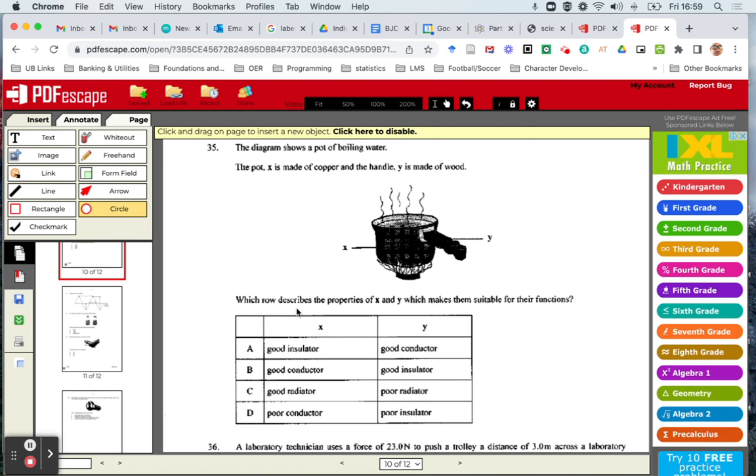We're going to look for something where the pot is a good conductor and the handle is a poor conductor. So X being a good conductor, Y being a poor conductor, a good insulator. So it's got to be B.